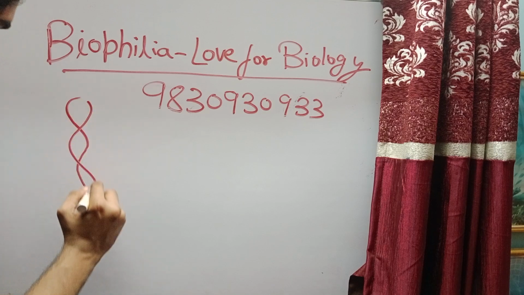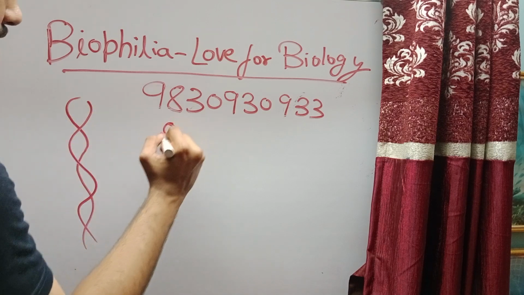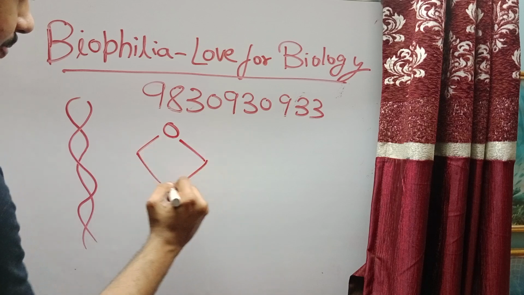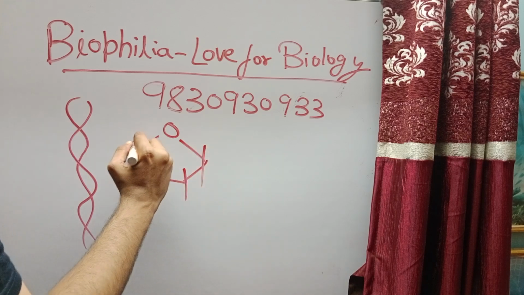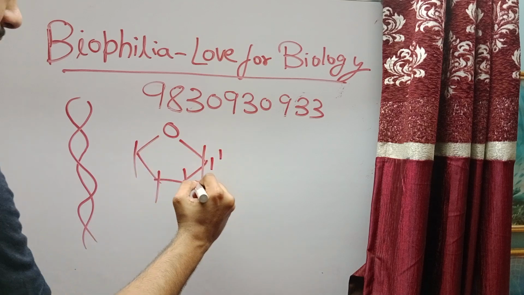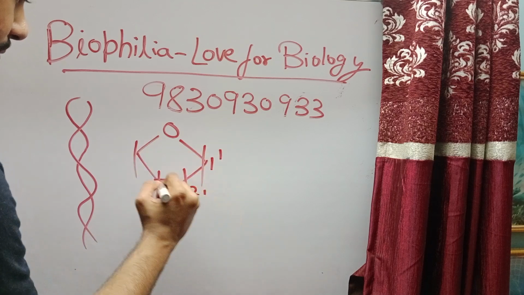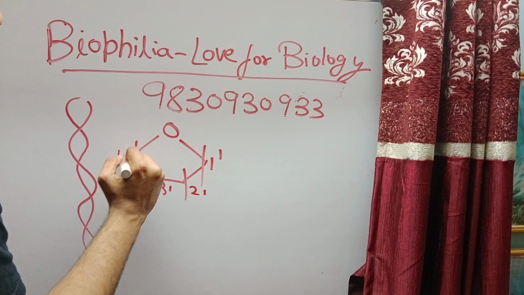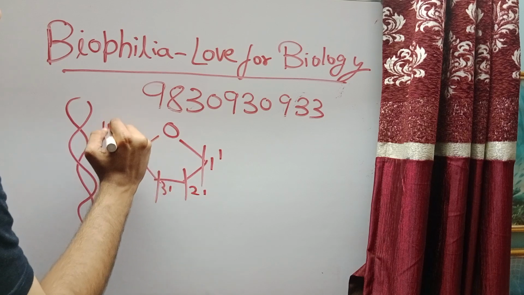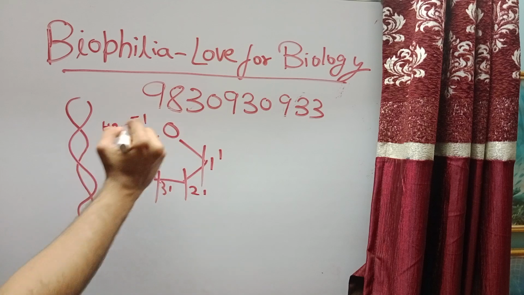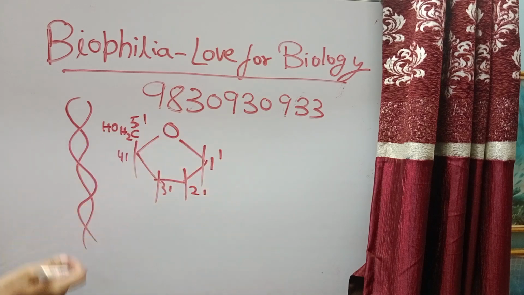This is our DNA. This is the pentose sugar called the ribose sugar. This is the first prime carbon, second prime, third prime, fourth prime, and CH2OH, the fifth. This is the pentose sugar containing 5 carbons.